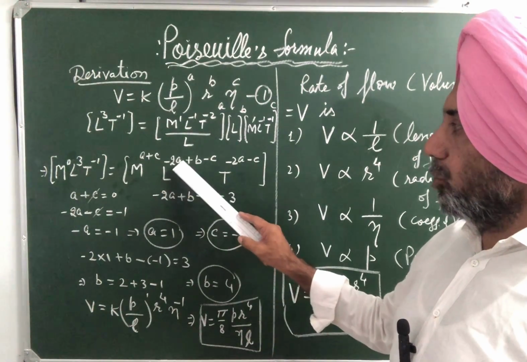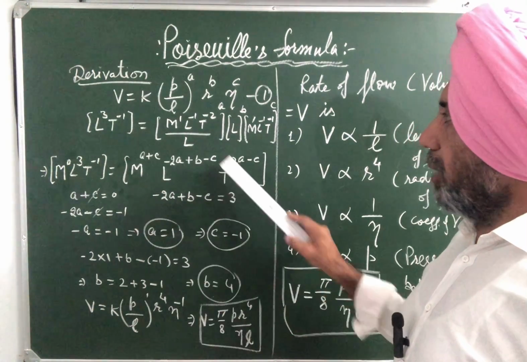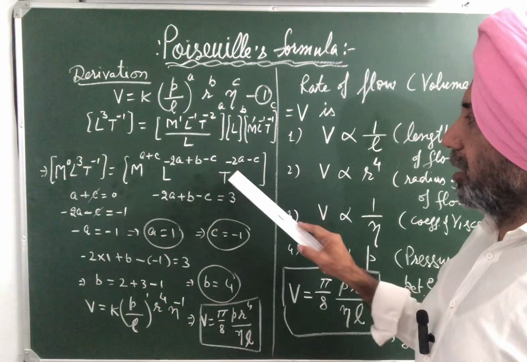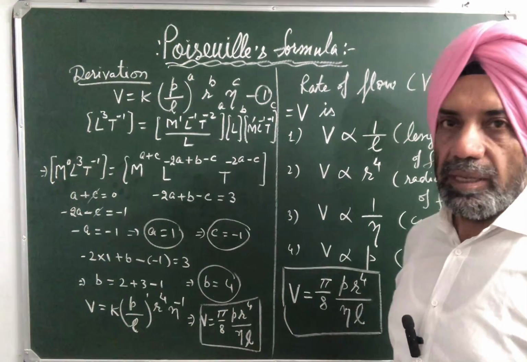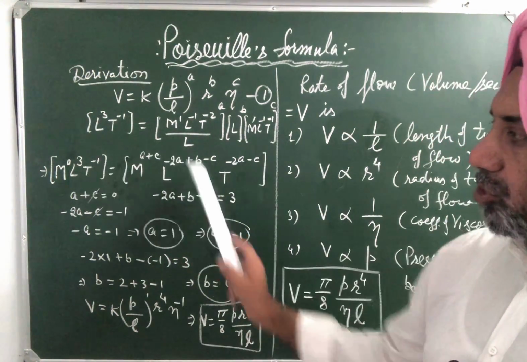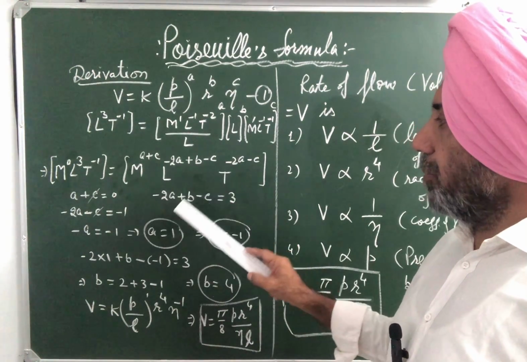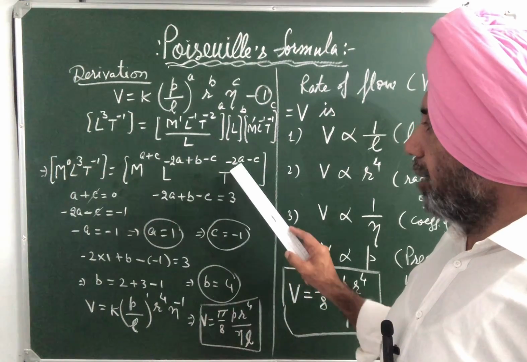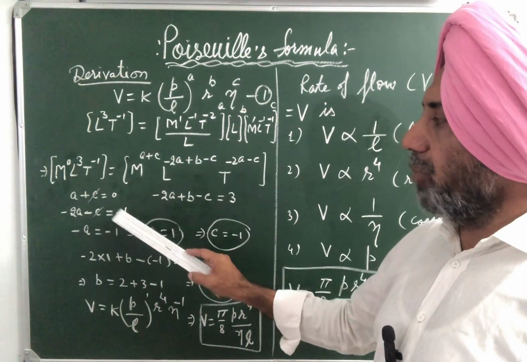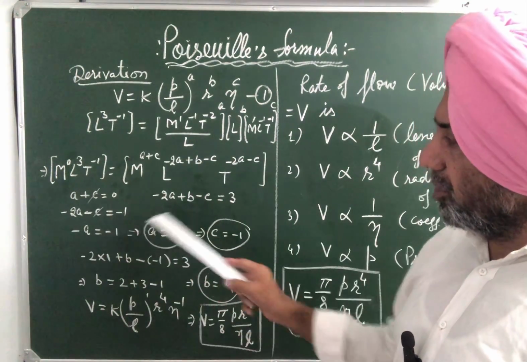So L power minus 2A plus B minus C, T power minus 2A from here minus C from here, so minus 2A minus C. Now comparing powers of M, L and T on both sides, we have A plus C is equal to 0, minus 2A plus B minus C is equal to 3, and minus 2A minus C is equal to minus 1. We simplify these equations.